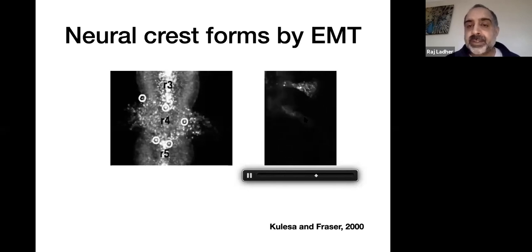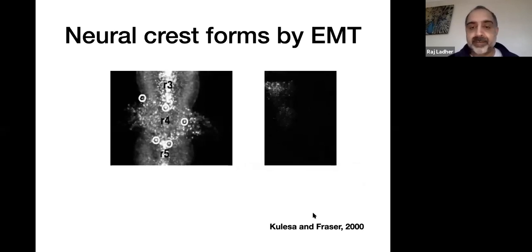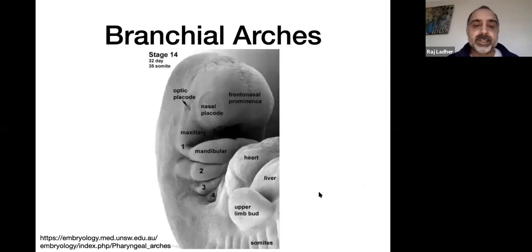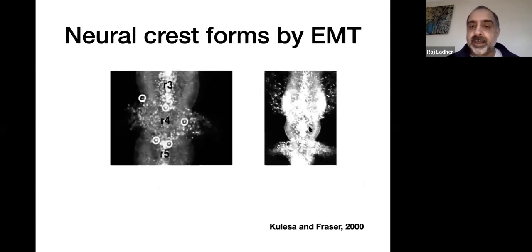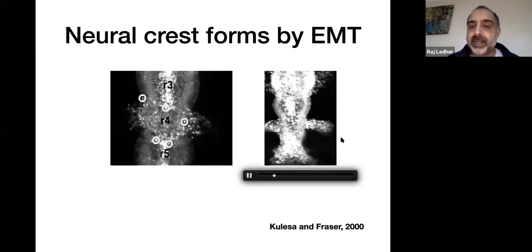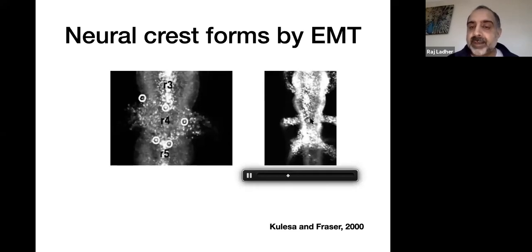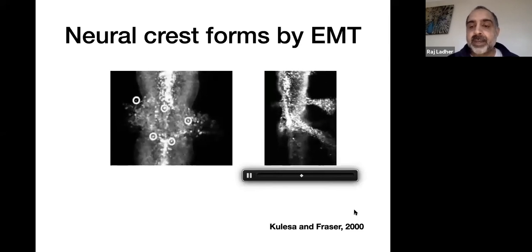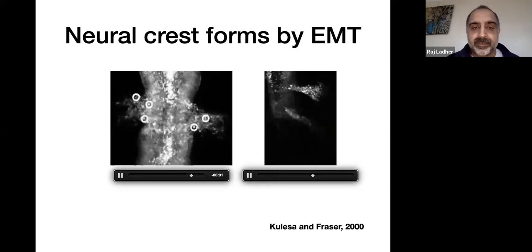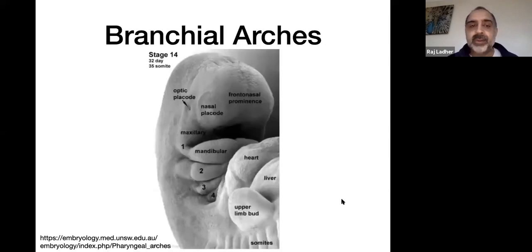And we'll talk about these streams because they represent a fundamental organizational unit of the head, particularly of the face, that comes into play here. So these are branchial arches, and so these crest streams that you're seeing here are leading to branchial arches, and so you can see them leaving the neural tube here, and they will enter these bulges on the side of the head, which are called branchial arches.